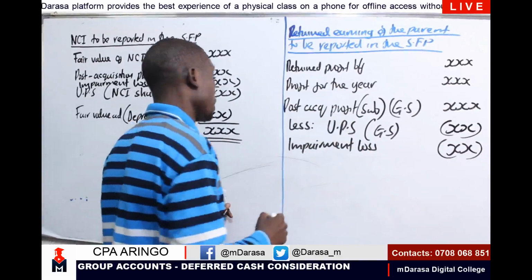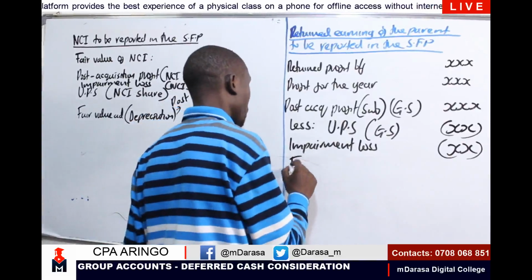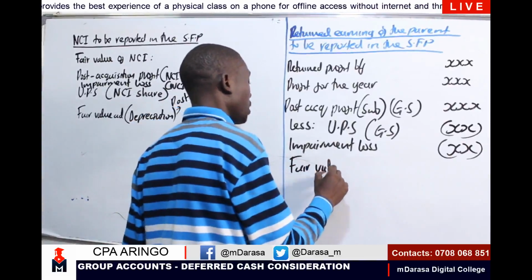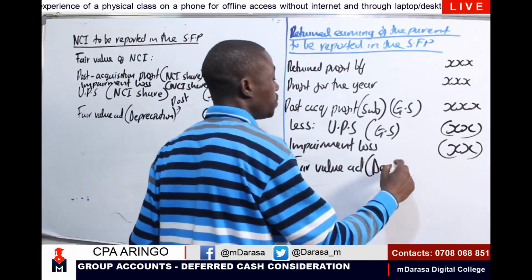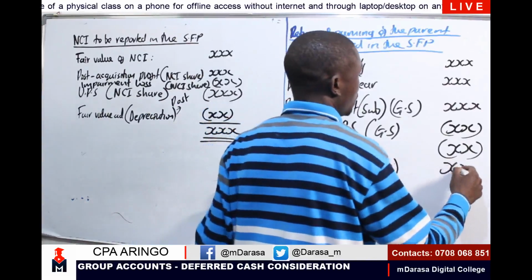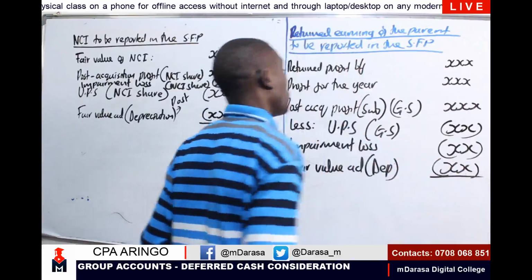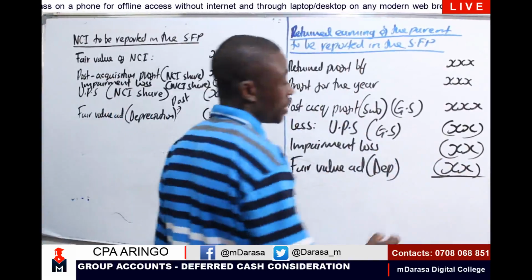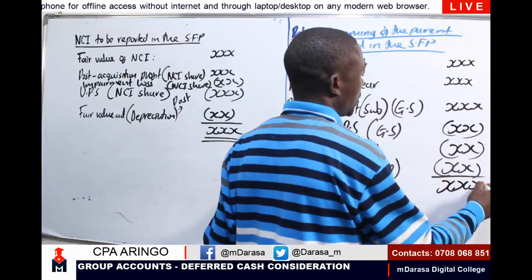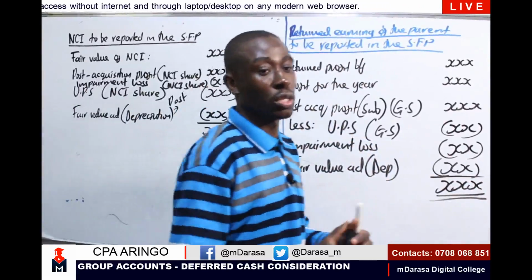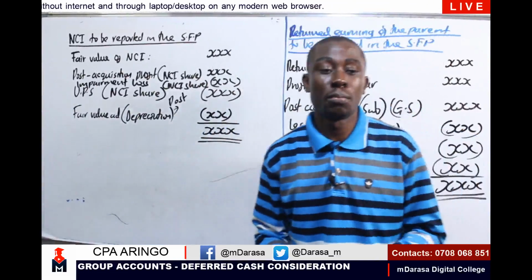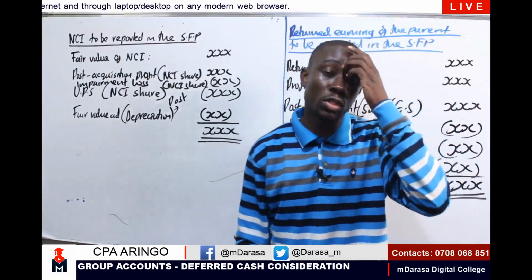Then we can also deduct any component of the fair value adjustment. In this case, you're looking at that component of depreciation that we had, if, of course, we had a gain. So that as at the end of the day, this should give us the retained earnings to be reported in the statement of financial position.